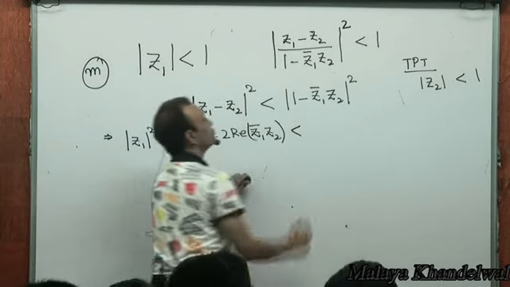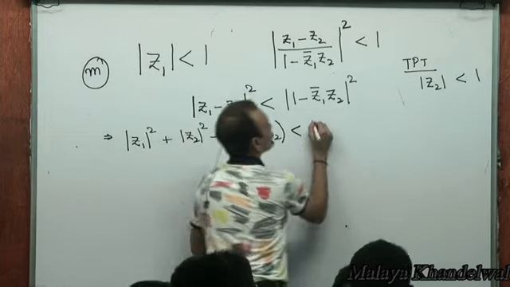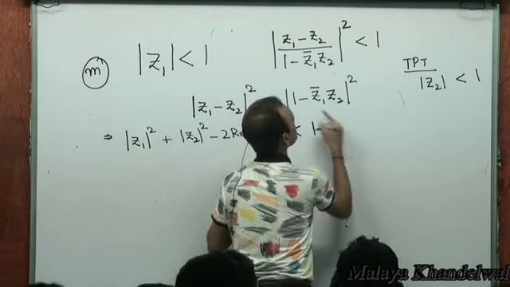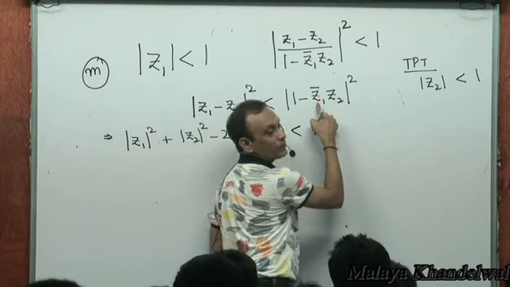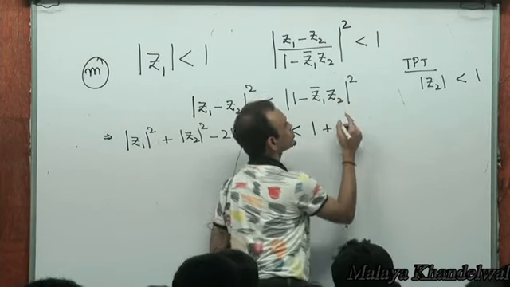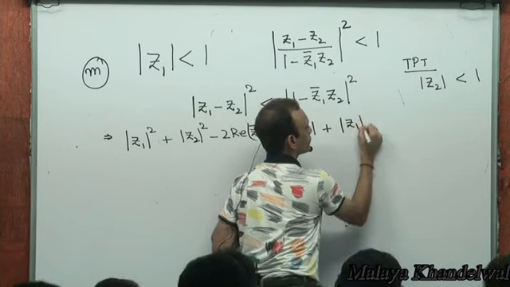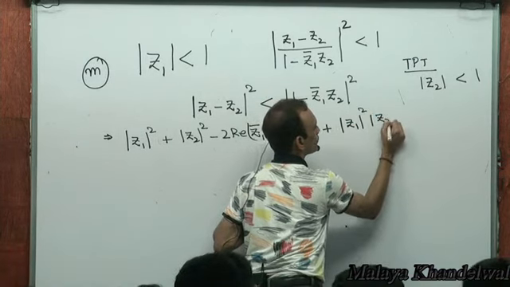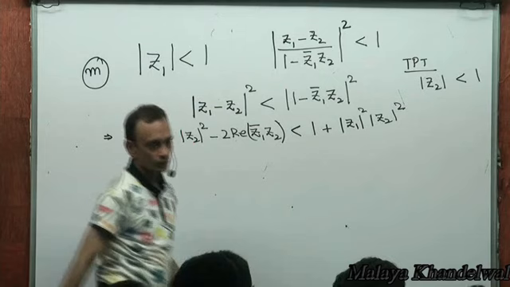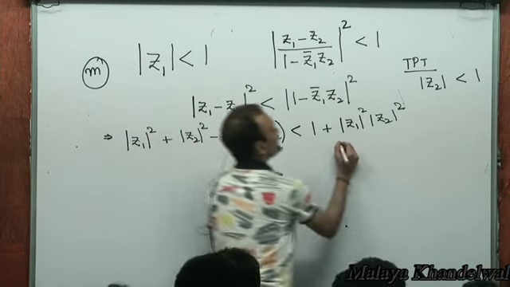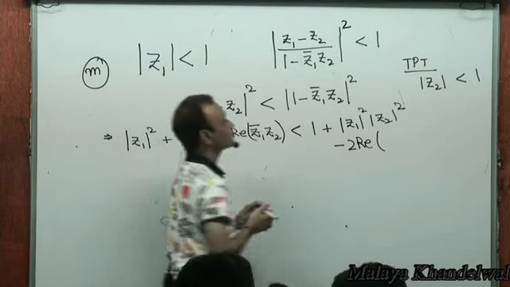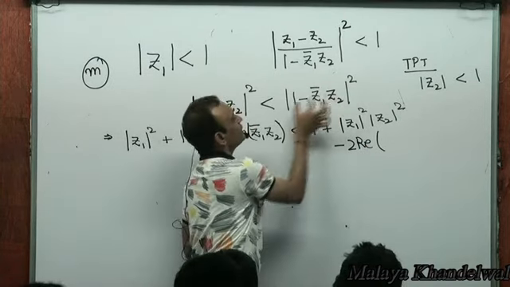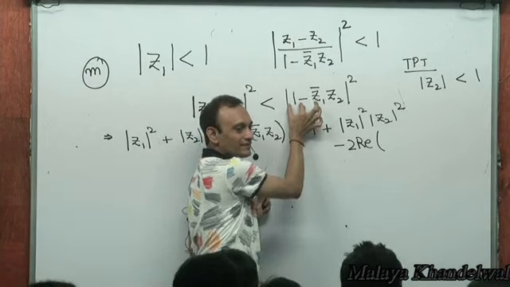Less than or equal to 1 plus mod of this squared. Mod of z1 bar z2 squared would be mod z1 squared into mod z2 squared. Minus twice real this into bar of this, right?